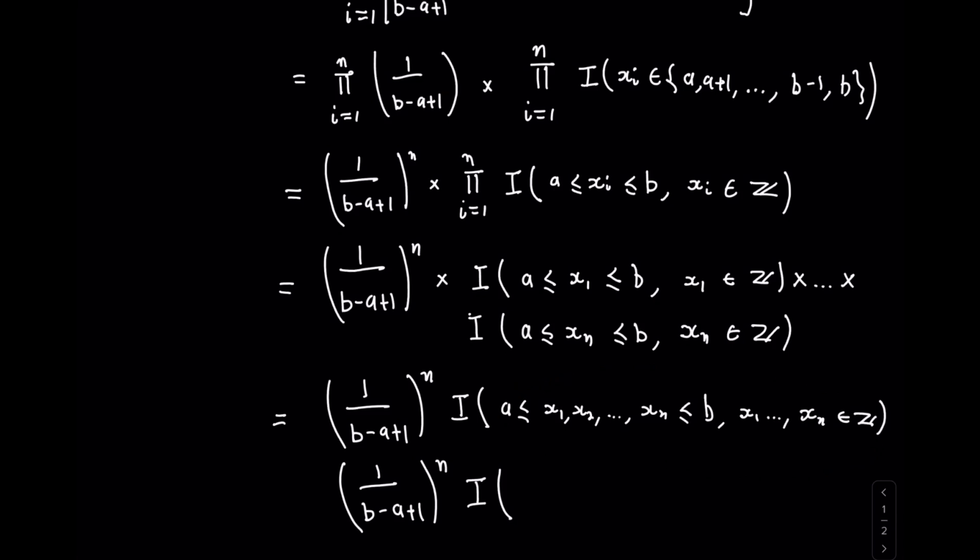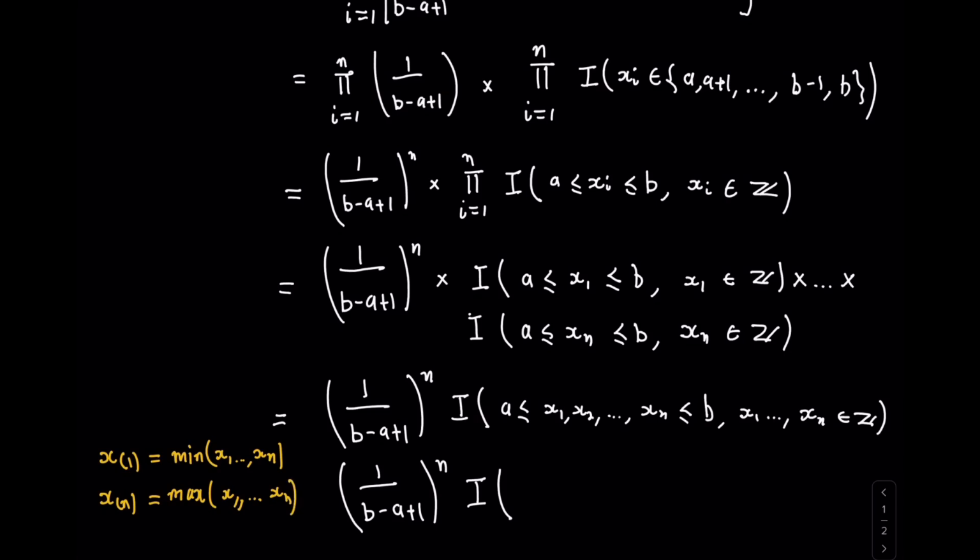And remember, our order statistics, I'm just going to write it on the side, is x subscript 1 in brackets, which is equal to the minimum value of x1 to xn, and x subscript n in brackets, which is the maximum value of x1 to xn.